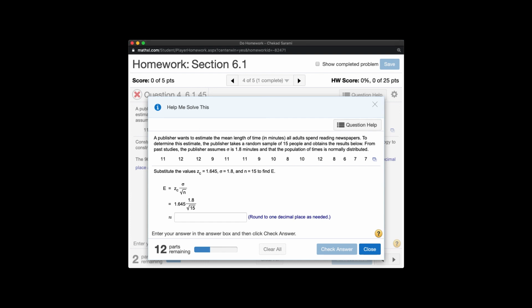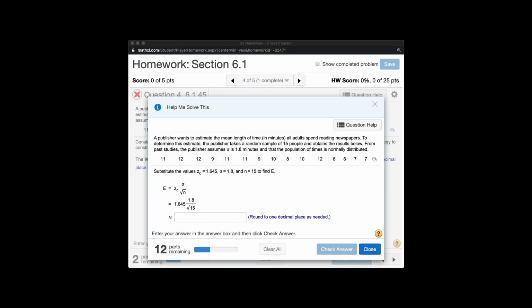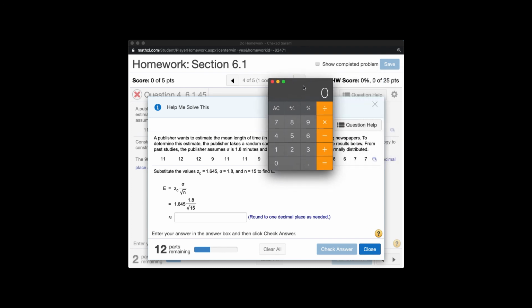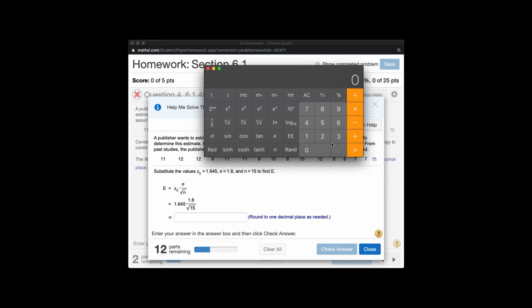So let me get a calculator here, the scientific one. So it is 1.645 times 1.8 divided by the square root of 15.